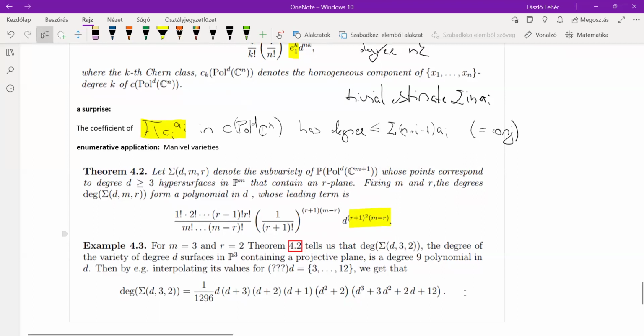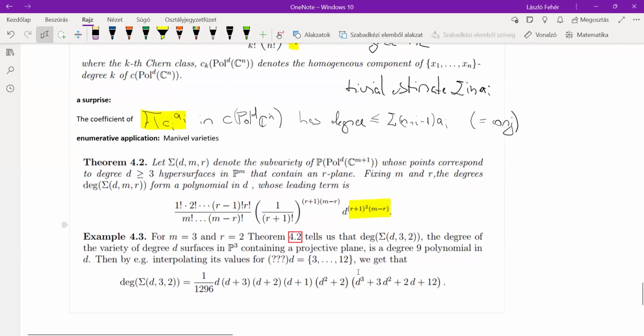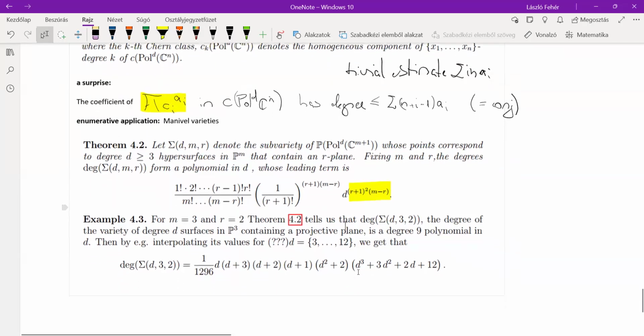And notice that if you just want to calculate, it's extremely useful to have the degree of this polynomial beforehand, because it means you just have to calculate enough substitutions to interpolate your polynomial.